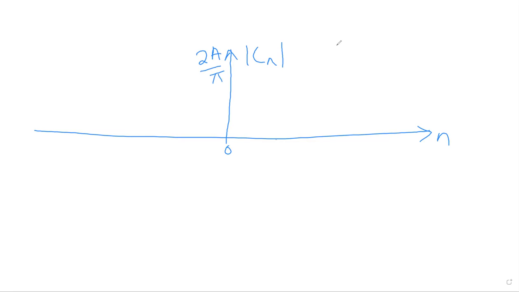Then you take 1 and minus 1. At both, the value is 2a by 3 pi. That's why it will be shorter. So this will be 2a by 3 pi, and this is also 2a by 3 pi.